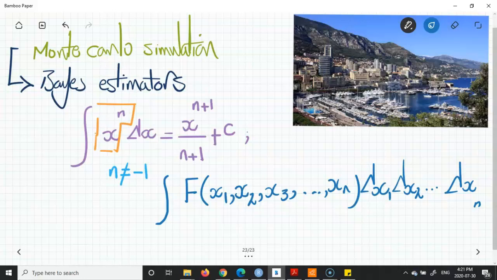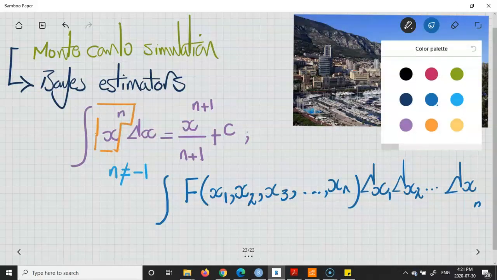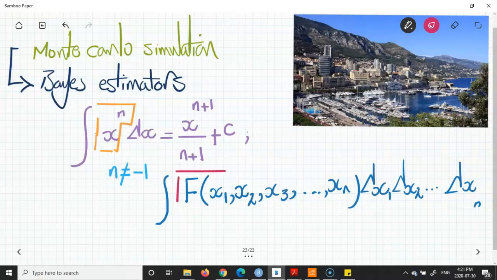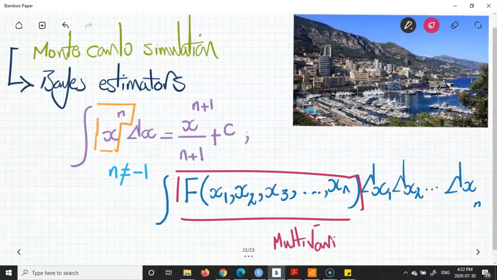Then the thing that we do for this type of integrals, specifically the ones where the function inside the integrand is a multivariate function, is that these integrals should not be analytically tractable.